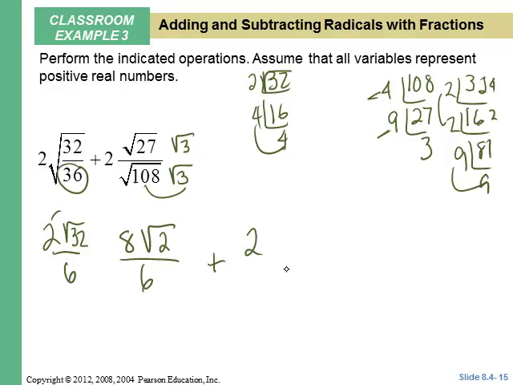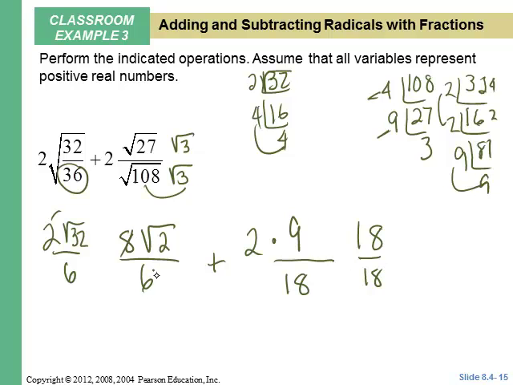So plus 2. This is over 18. And then the numerator is 3 times 27, which is 81. The square root of 81 is 9. 2 times 9 is 18. 18 over 18.